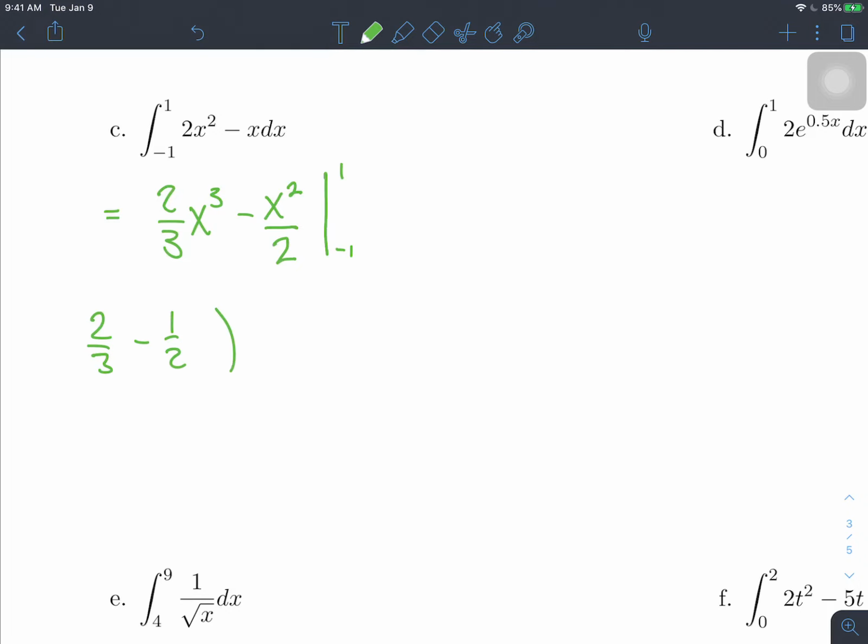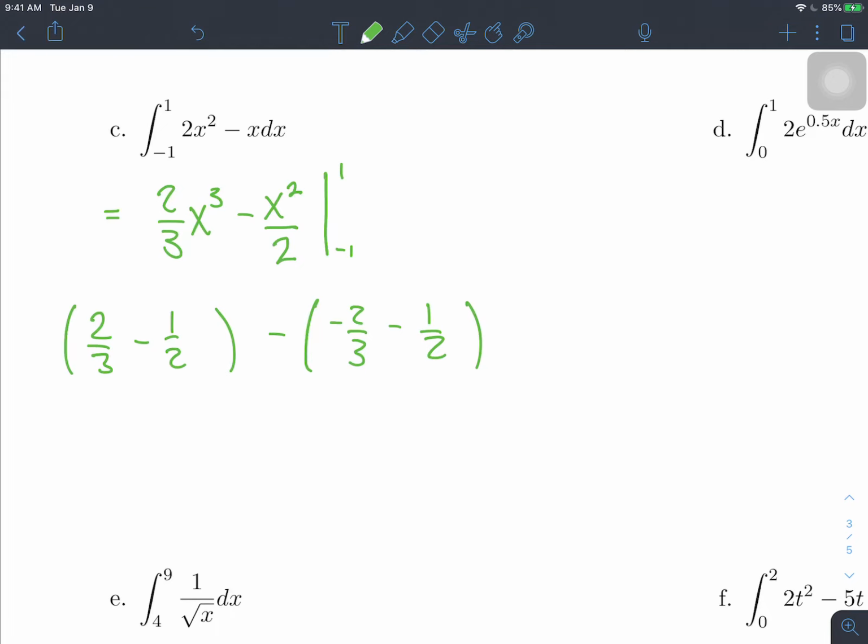That's capital F of b. And then we'll subtract capital F of a, the bottom number. So 2/3 times x cubed, that's -2/3 if we plug in -1, because -1 cubed is -1. And then minus 1/2.